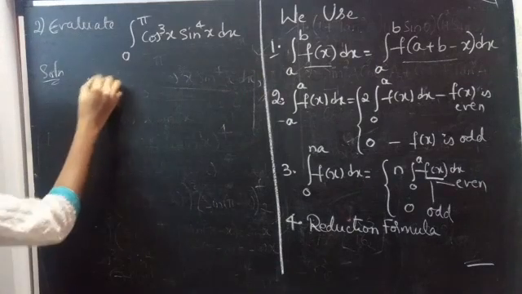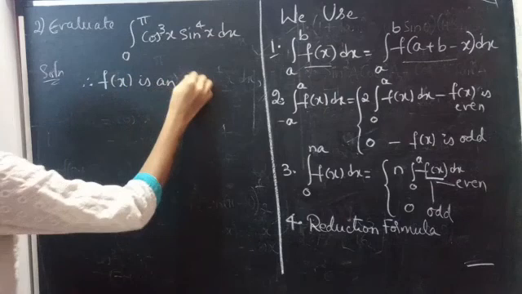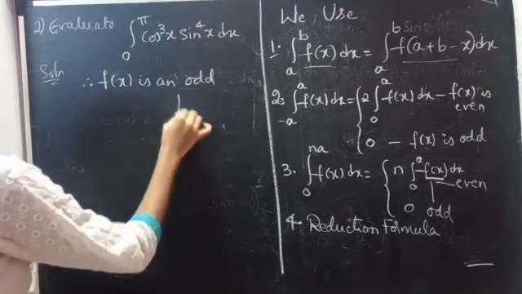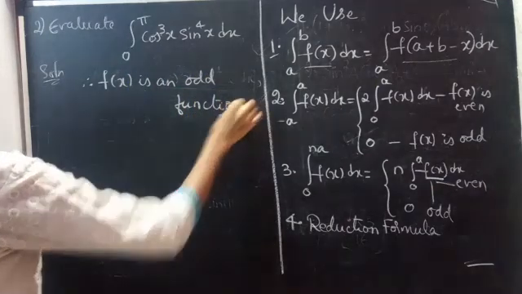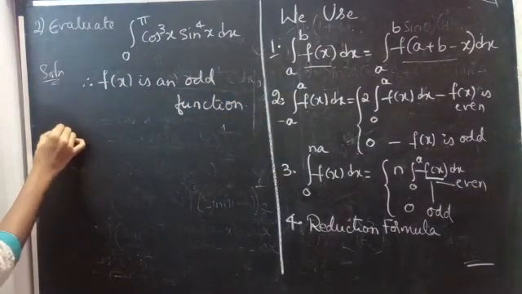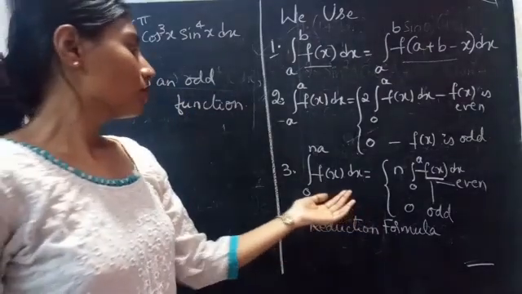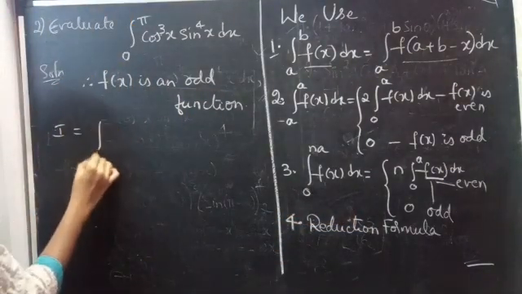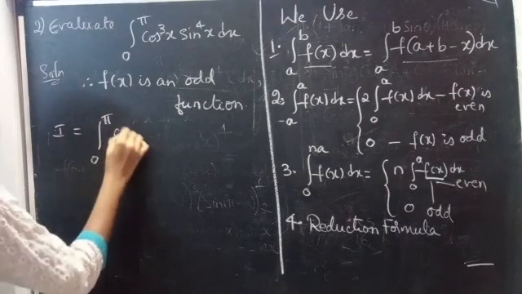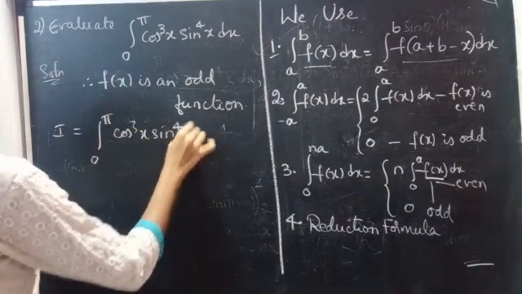Therefore, f of x is an odd function. Now you can write I equals integral from 0 to pi of cos cube x into sine power 4x dx.